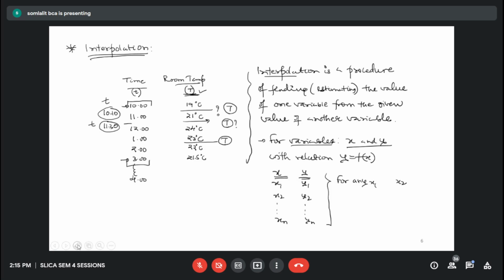Then for any x chosen between x1 and x2, using interpolation, you can approximate the corresponding value.